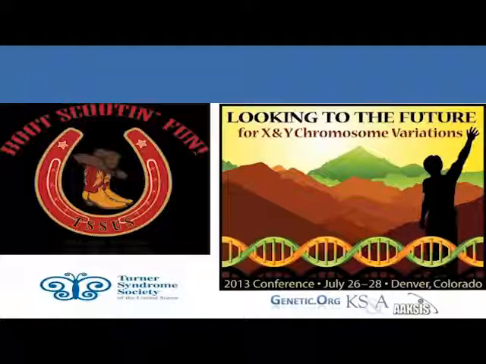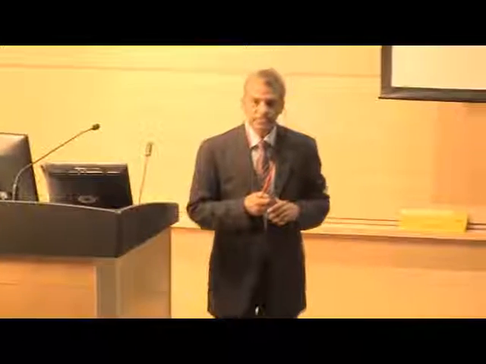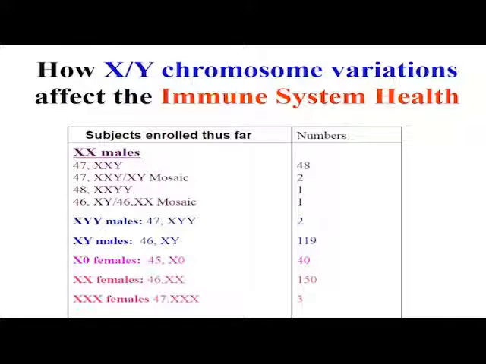So we came to you guys, to this meeting, and Eric went to the Turner syndrome meeting last year in Anaheim, and we recruited individuals. These are the number of people we have enrolled thus far: 48 XXY and 40 X0, and all different combinations.